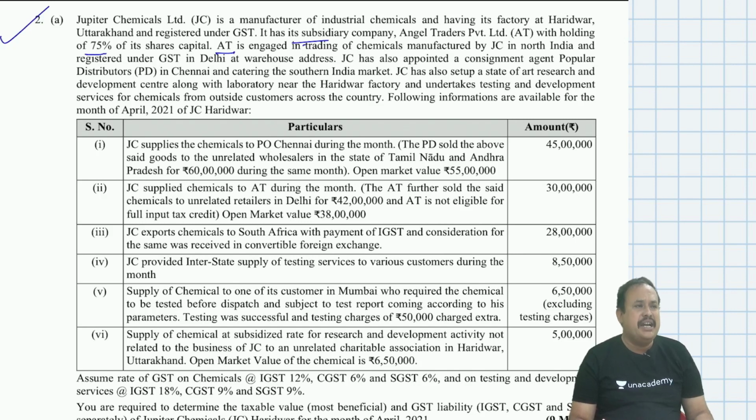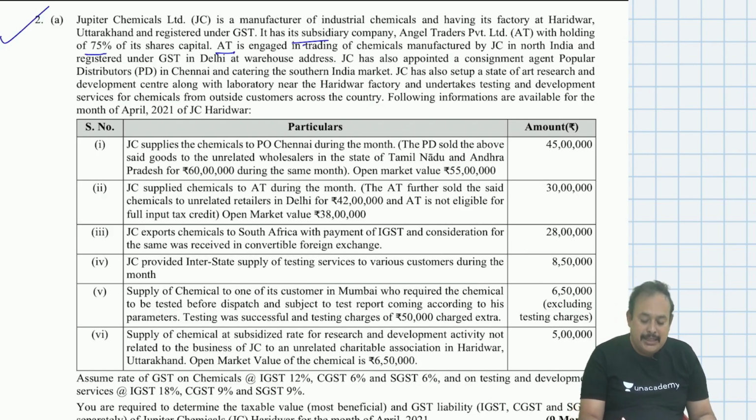Angel Traders, AT, is engaged in trading of chemical manufactured by Jupiter Chemicals, JC, in North India and registered under the GST in Delhi at warehouse address.